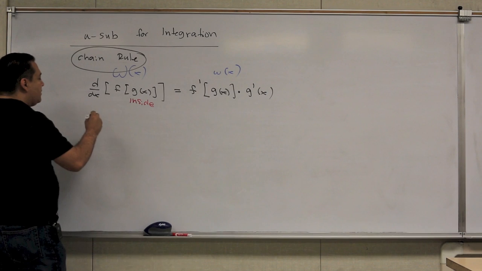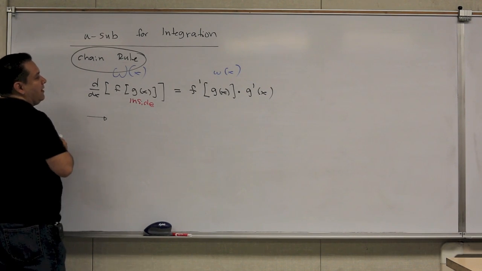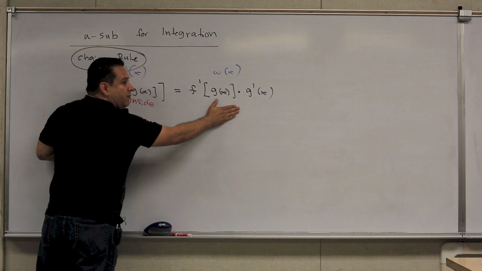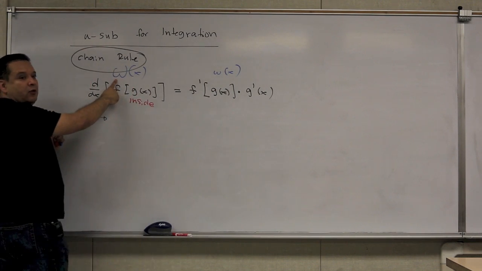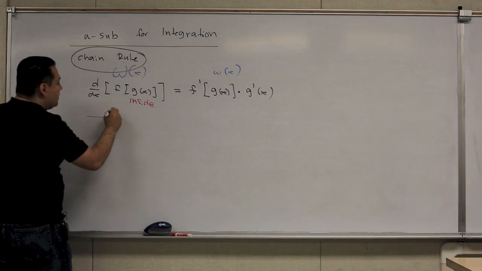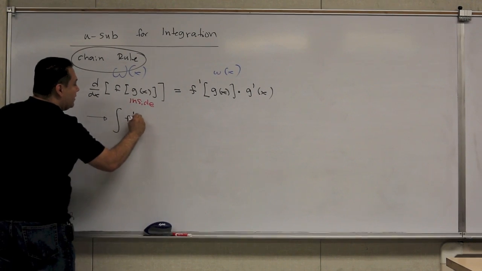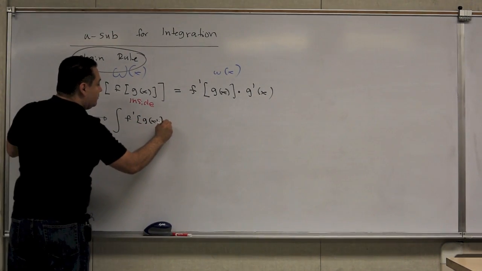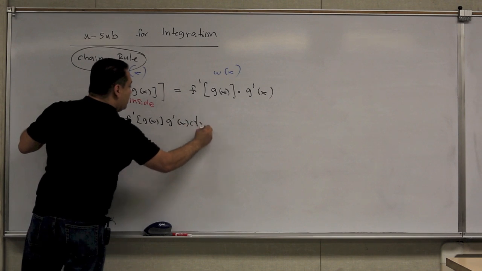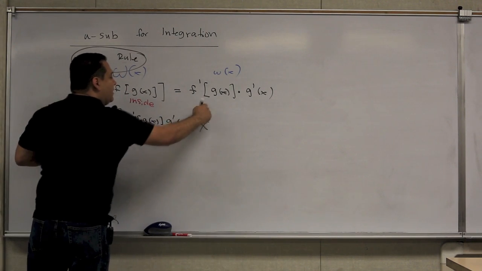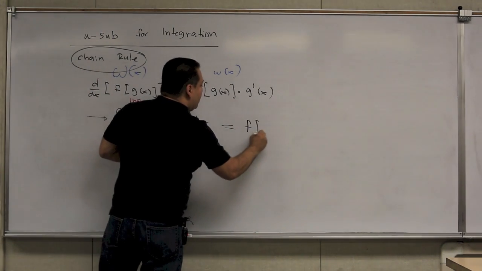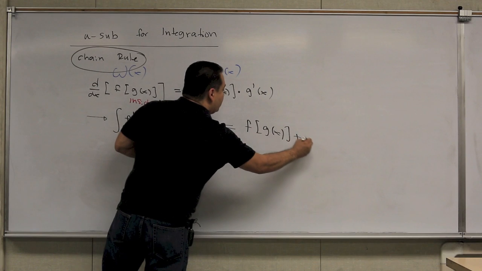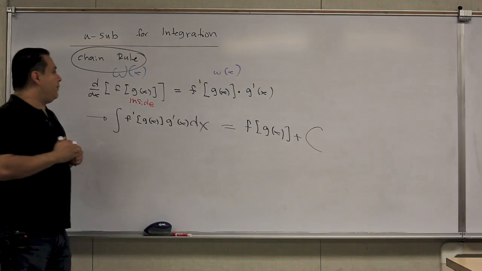This implies that the antiderivative of little w is really this. So if I integrate anything that looks like this, its antiderivative or integral is actually this: f of g of x plus my c.